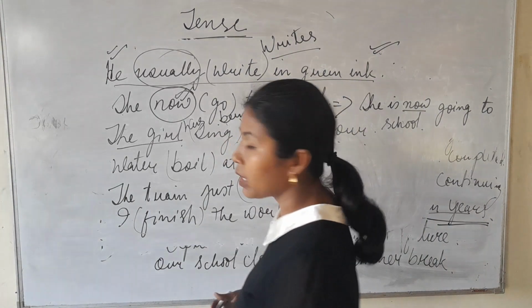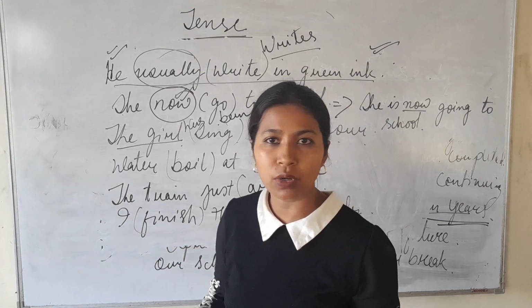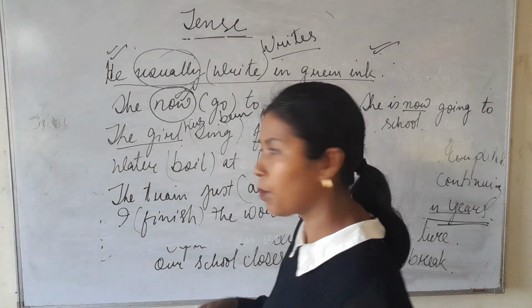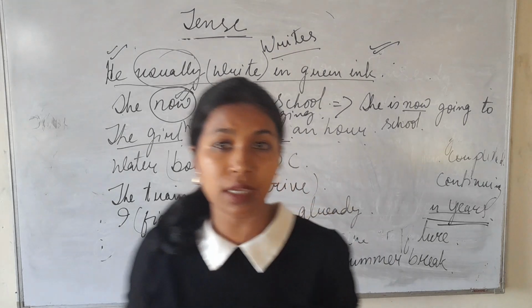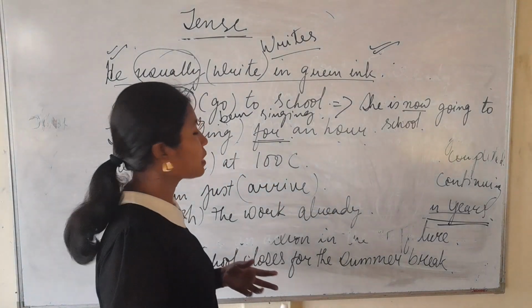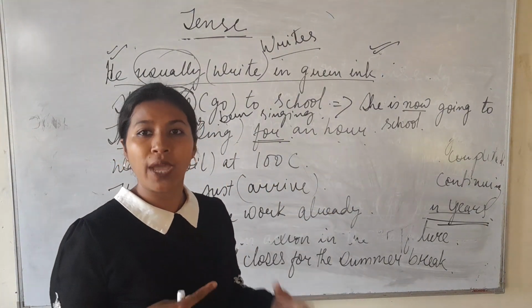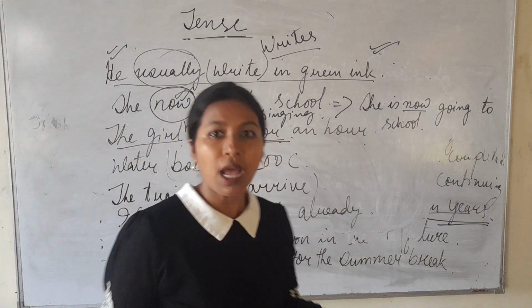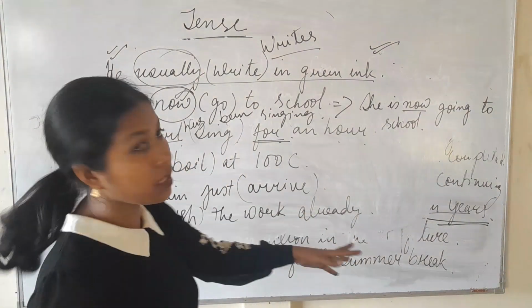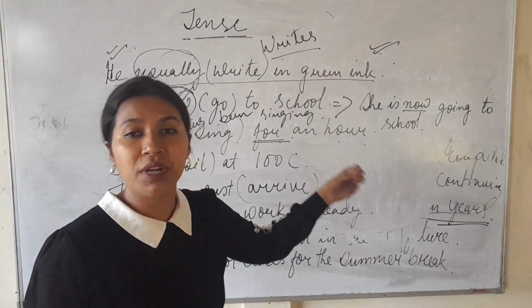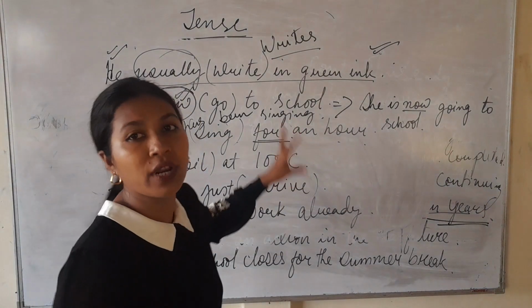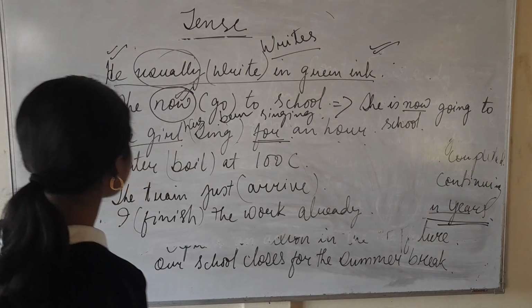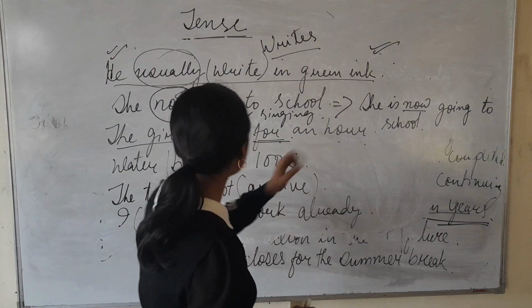The girl is third person singular, so has been, present perfect continuous tense. Anywhere there is for and since, you have to change into perfect continuous tenses. Past perfect you will learn in the next class, where when and after are used. Other than that, you always change it into present perfect continuous tense if there is for and since.